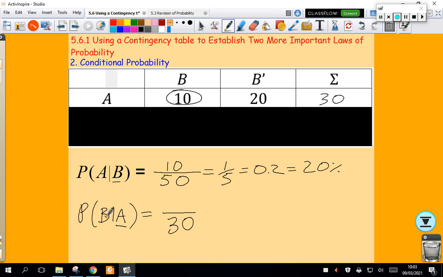What's the probability of something being in column B, given that it's in row A? Well, there's only 10 things in column B that are in row A, so that will be 1 in 3. And this is called conditional probability.